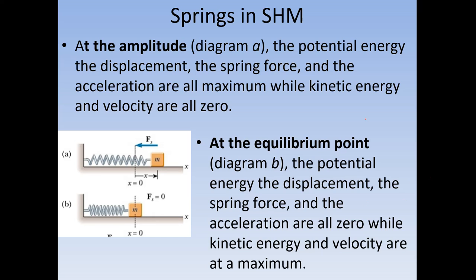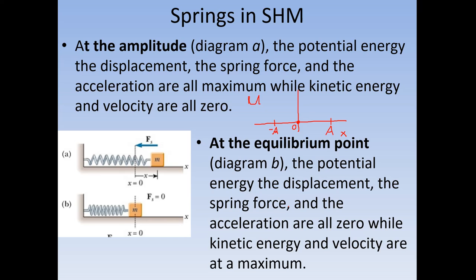So, for example, let's say I wanted the potential energy as a function of position, right? Well, there's three main points. There's this point. This is the equilibrium point when it's zero. There's this point, which is the negative amplitude, which is over here somewhere. We have this point, which is the regular amplitude.